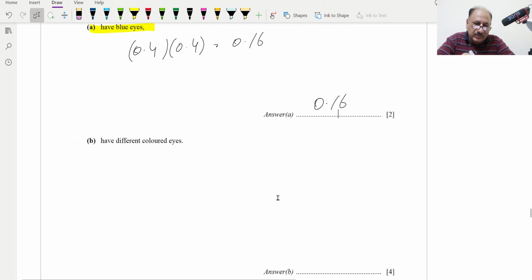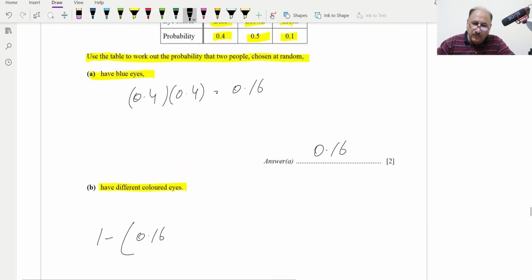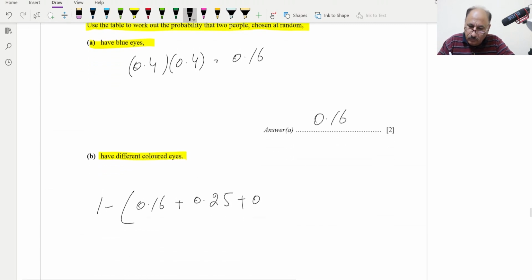Then they are saying have different colored eyes, so that one we can subtract from one. The same eyes will be 0.16, and this is for blue, and for brown it will be 0.5 into 0.5, which will be 0.25, and plus green into green, 0.1 into 0.1 will be 0.01, and we will calculate this.